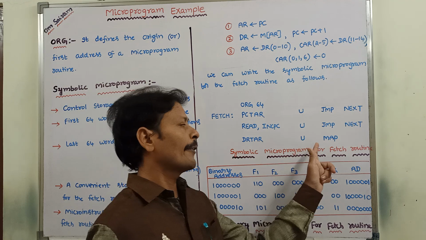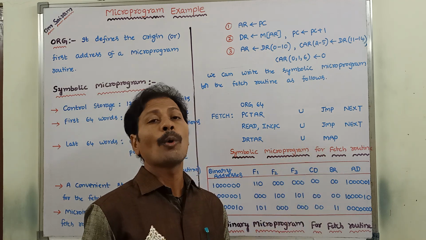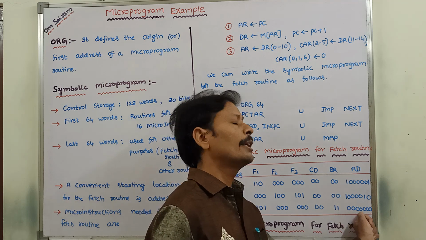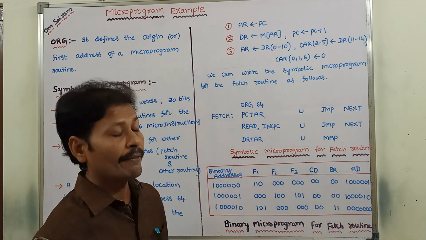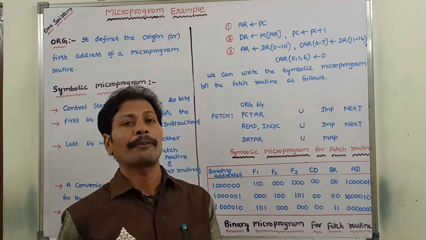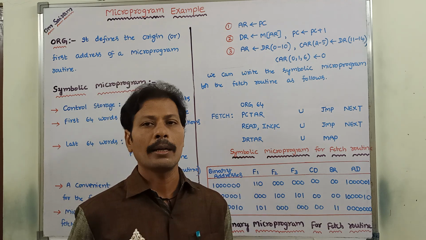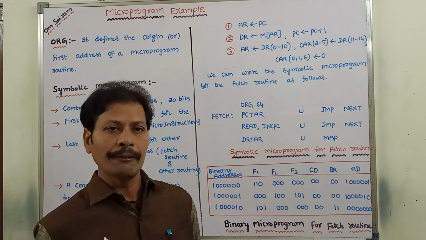Whenever the BR field contains map or RET, the address field can be filled with 7 zeros. It does not perform any operation. That means it can go for the next instruction to be fetched.